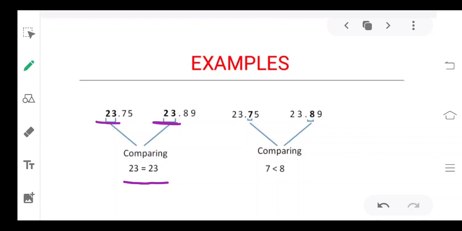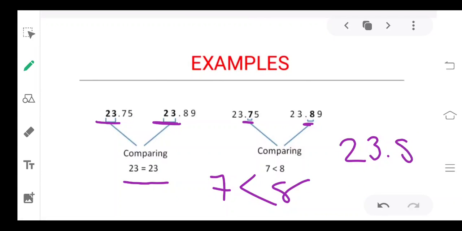So first we compare 7 and 8, because this is the first digit after the point, and you can see 8 is greater. So we can say that 23.89 is greater than 23.75.